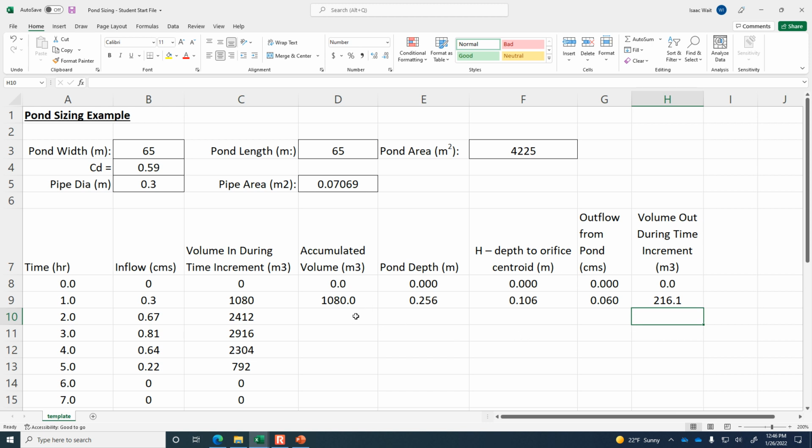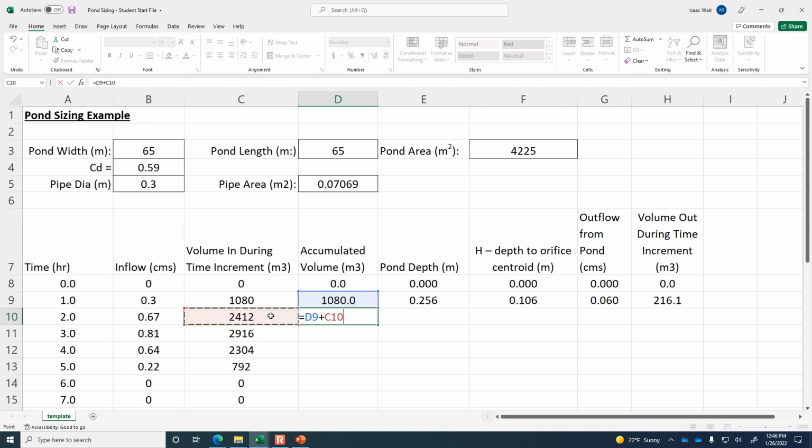Okay, so now the accumulated volume at the next time is the previous volume that was in there plus the new water that came in minus the water that flowed out during the previous time increment.